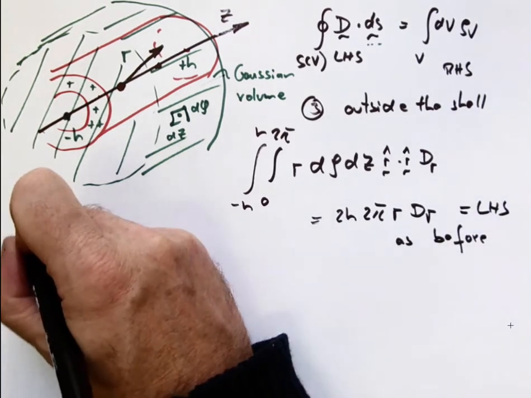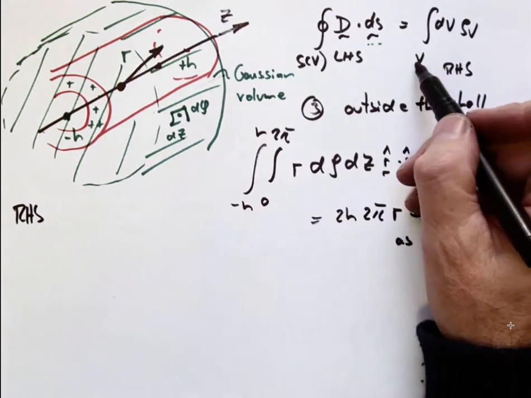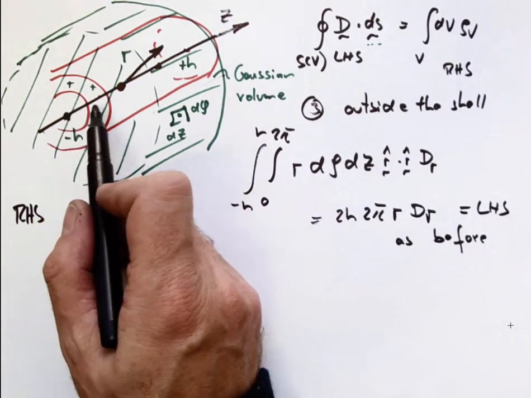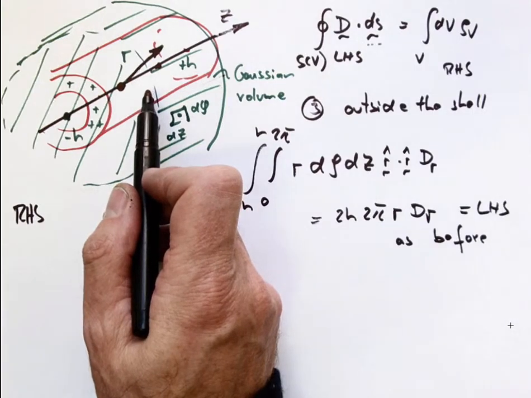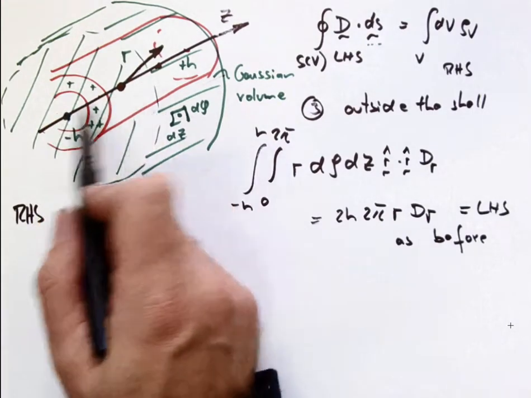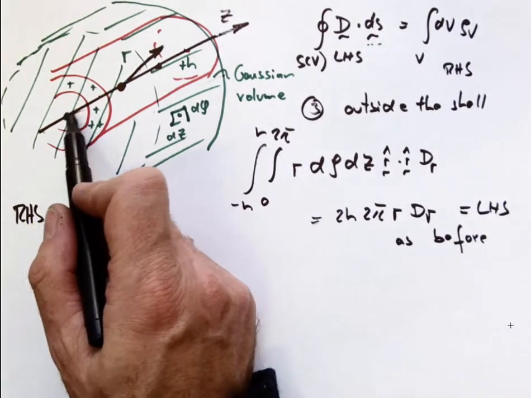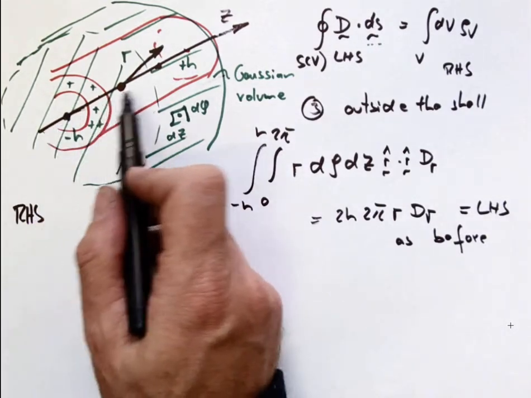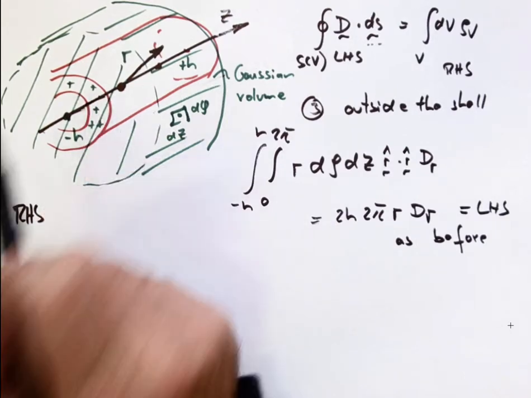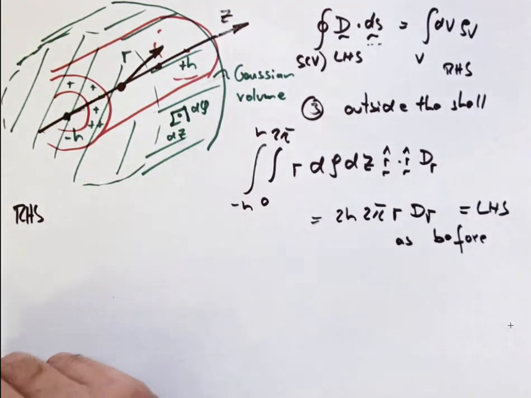Now the right hand side is this volume integral, which goes all the way from the origin to the extent of the Gaussian volume. However, in that large Gaussian volume, we don't have any charges on the very inside, we don't have any charges on the outside, we only have charges in that charged shell.